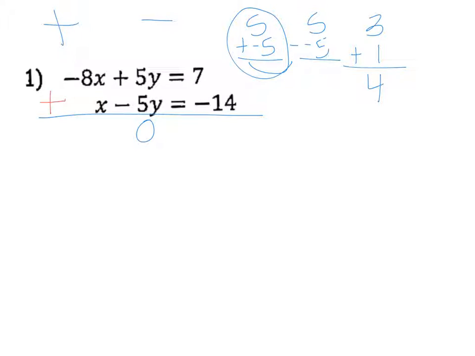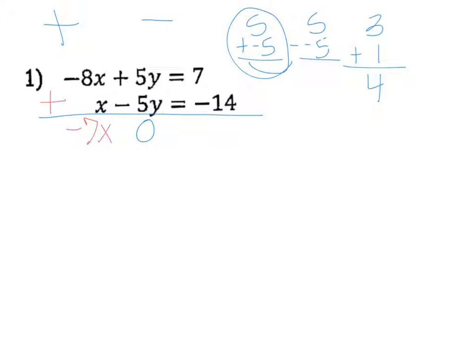Let's start with the x's. You're going to add straight down. What is -8 plus 1? -7x. Obviously the 5's cancel, right?